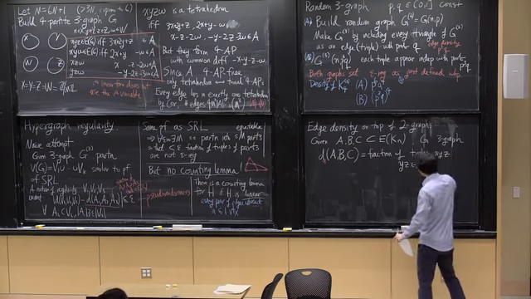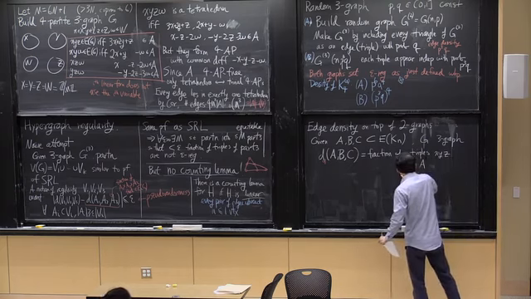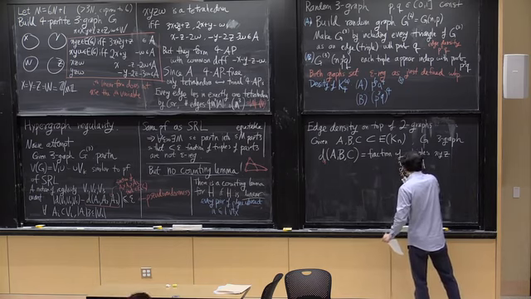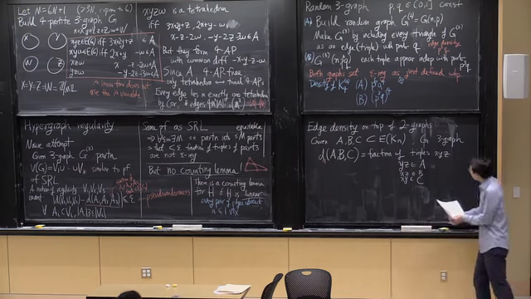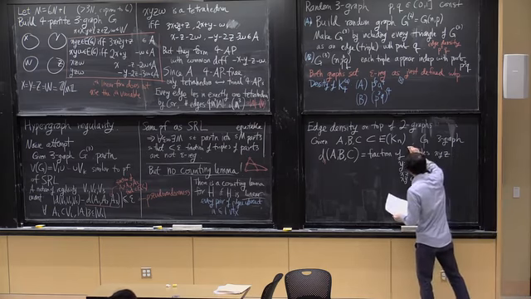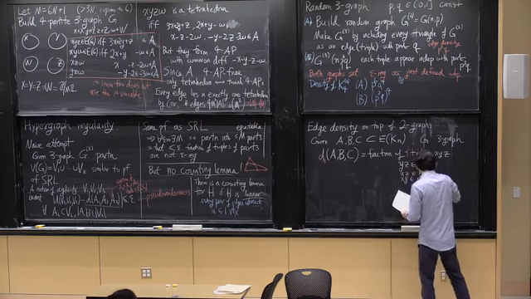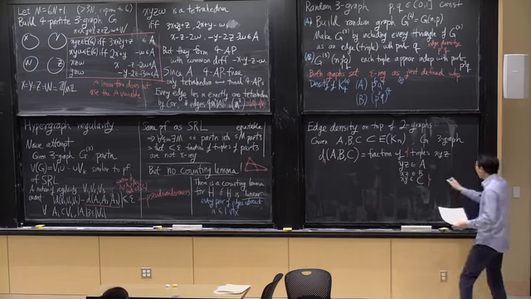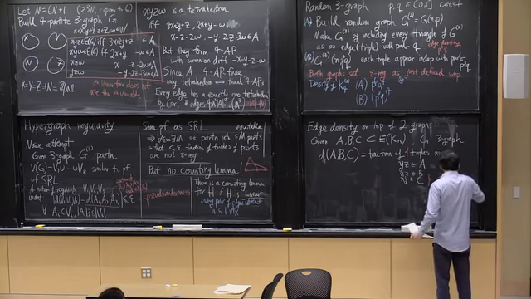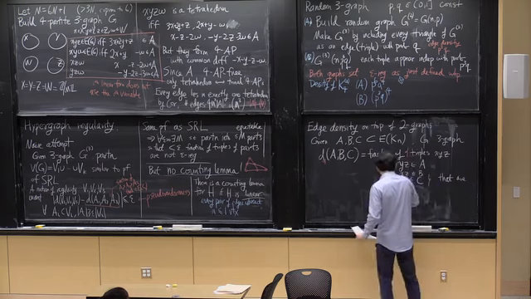So YZ lie in A, XZ lie in B, XY lie in C. Okay, so the fraction of such triples that are actually triples of G.